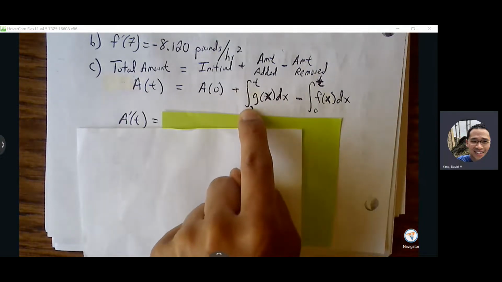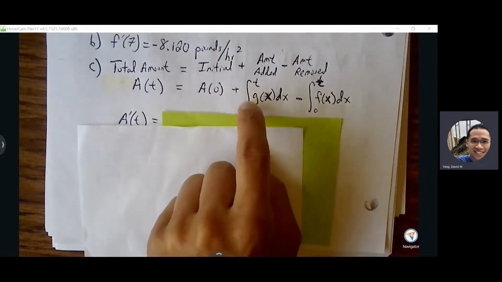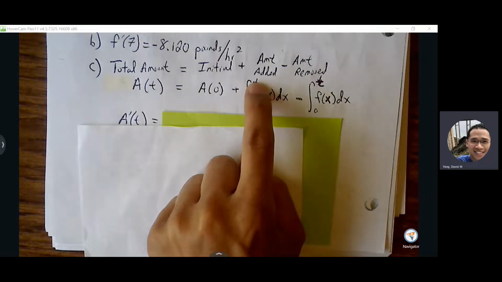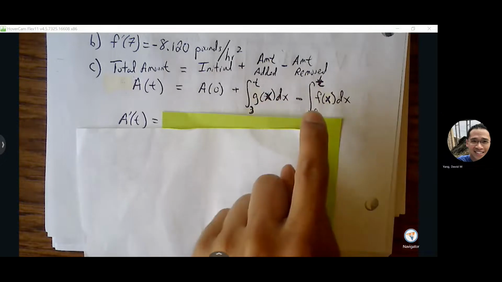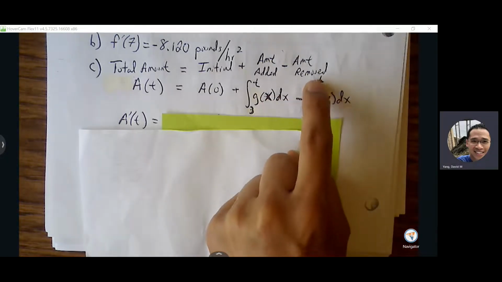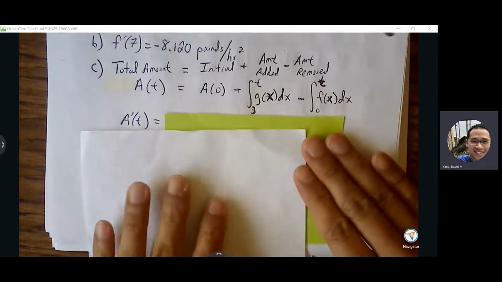Third term, derivative of an integral. We know derivative and integral will cancel each other out. I can insert that upper bound in, so I get g of t. Derivative of an integral, I can insert the upper bound in, f of t.